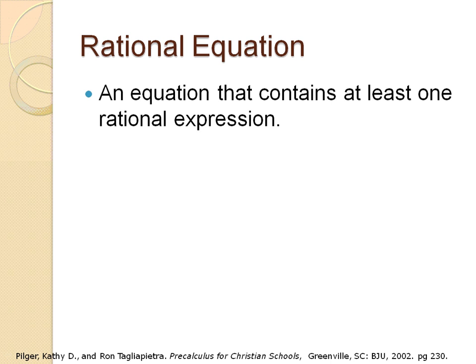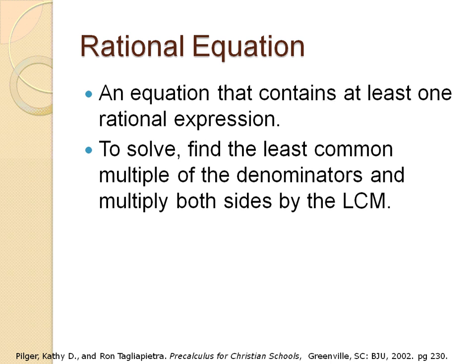So first of all, a rational equation, just like a rational function, is an equation that contains at least one rational expression, or it has a variable in the denominator. Really, the idea to solve this, having a variable in the denominator is what causes problems.